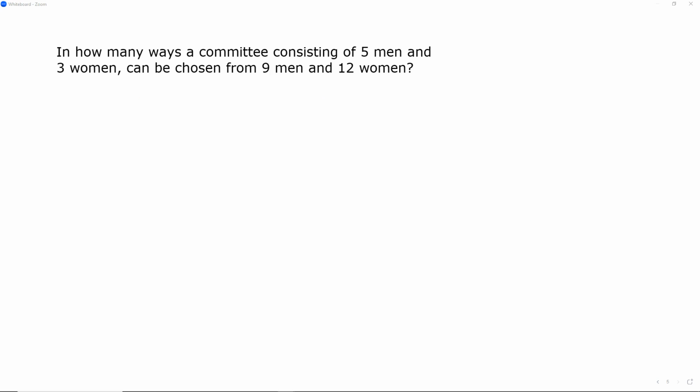Next question: in how many ways can a committee consisting of 5 men and 3 women be chosen from 9 men and 12 women? Okay, so let's write this down. Committee consisting of 5 men and 3 women.